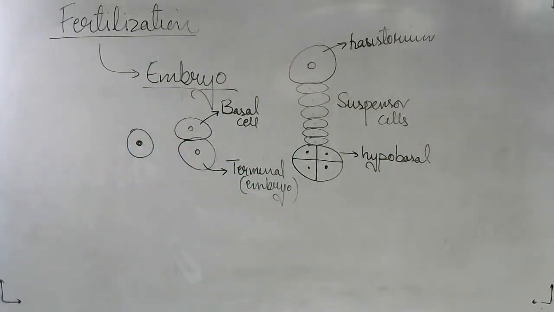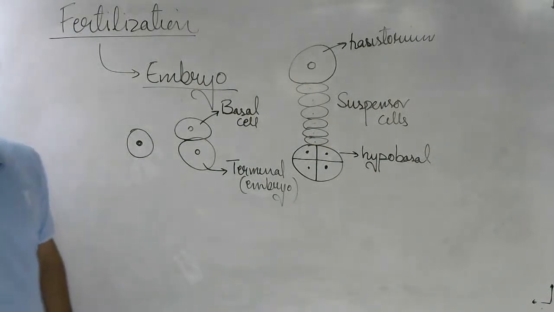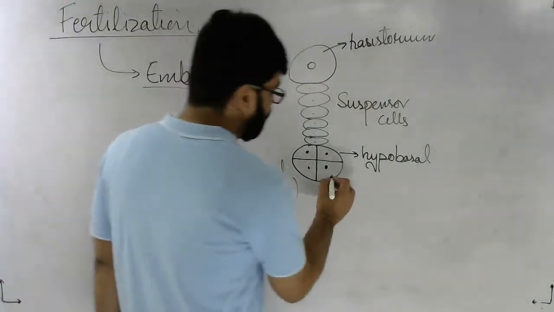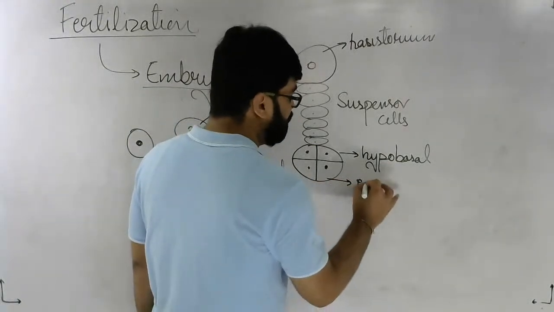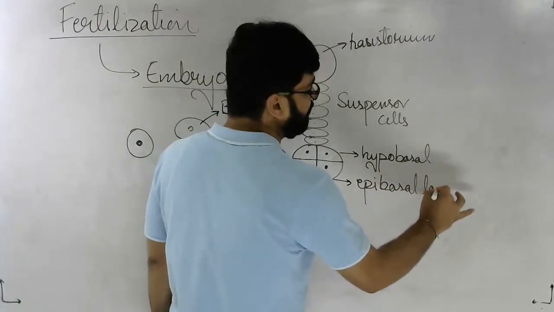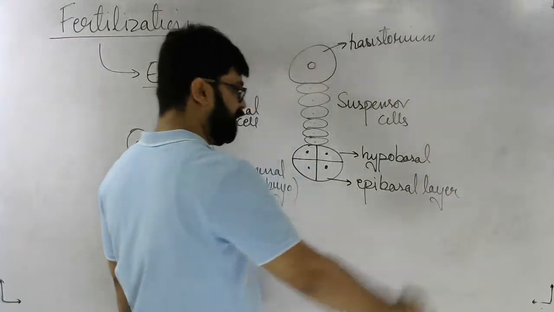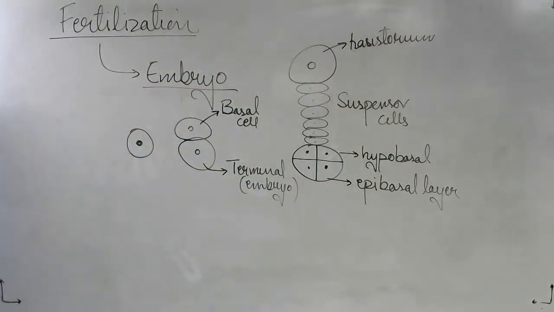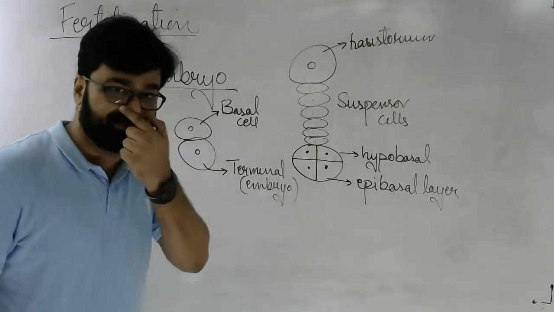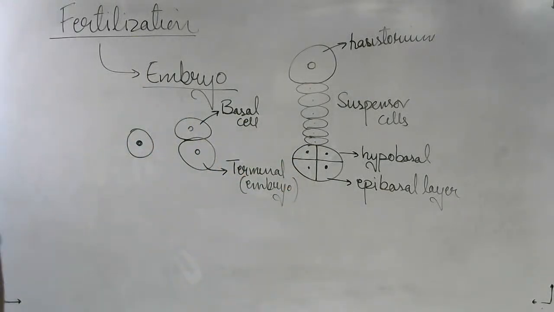And the layer which is present away from the suspensor is known as the epibasal layer. Okay, so now 8 cells are formed which are present in 2 tiers, 2 layers. That's great.